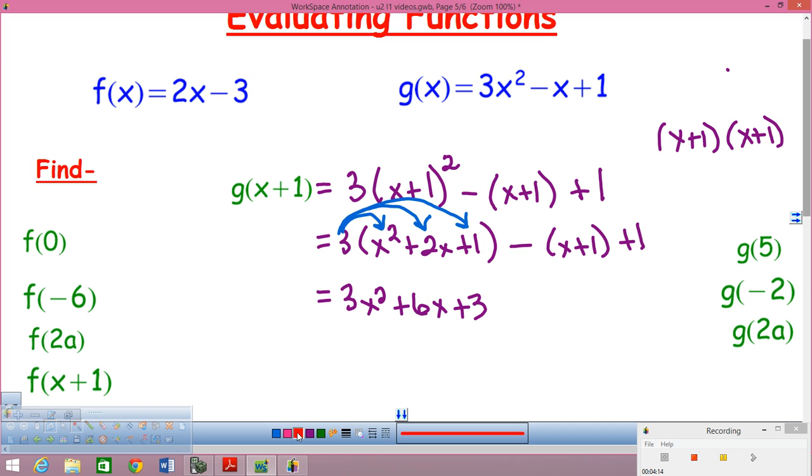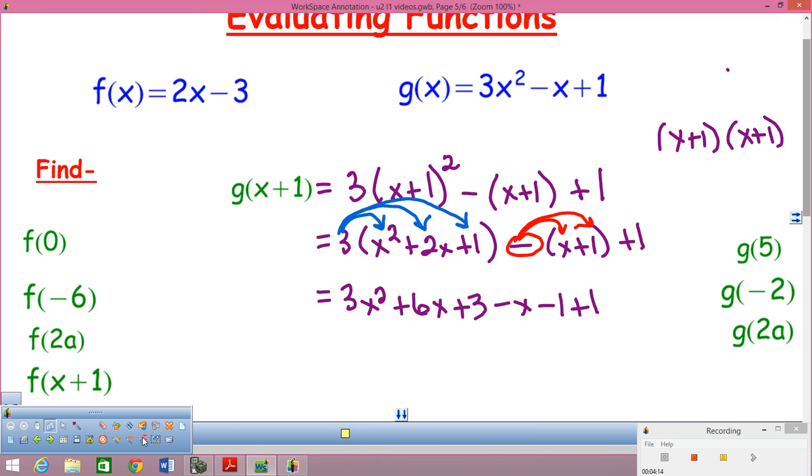Now, we have to distribute this negative right here to each of these also. So this becomes minus x, this becomes minus 1, and then plus 1. Ooh, I see something nice happening there. Okay, so 3x squared. I have no other x terms. Let's highlight those like terms.